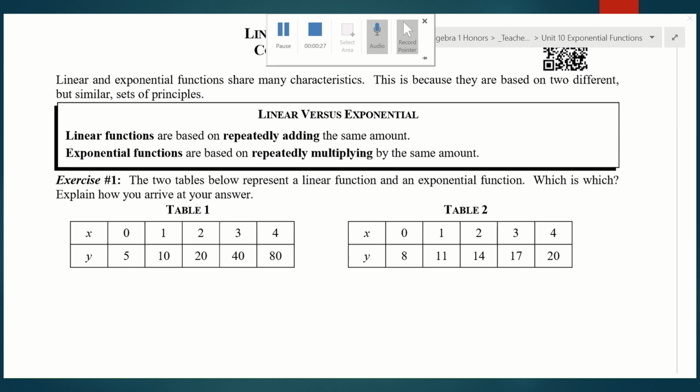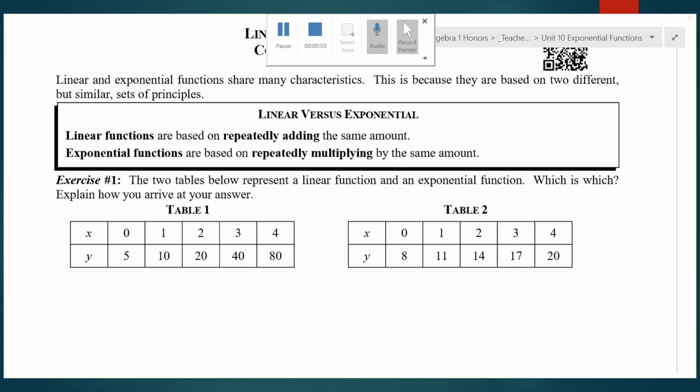If you read through the top, it says linear and exponential functions share many characteristics. This is because they are based on two different but similar sets of principles. Linear functions are based on repeatedly adding the same amount. When we say repeatedly adding, that means there is a constant rate of change, that slope.